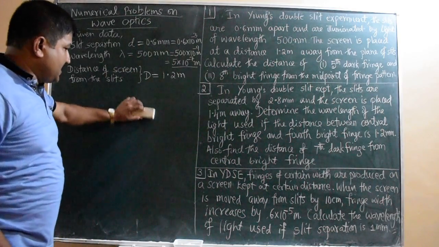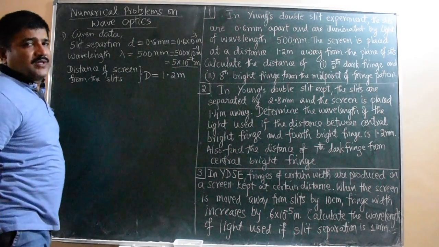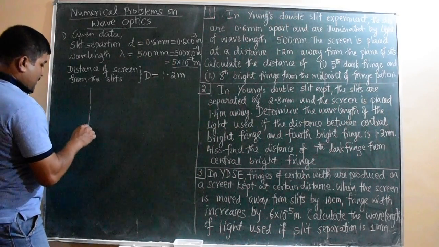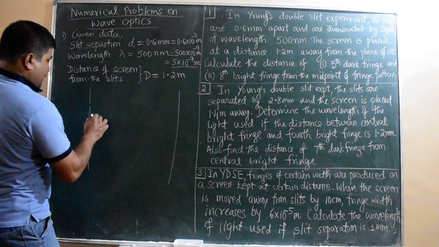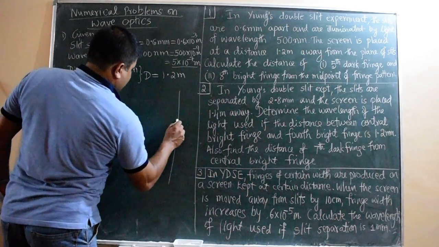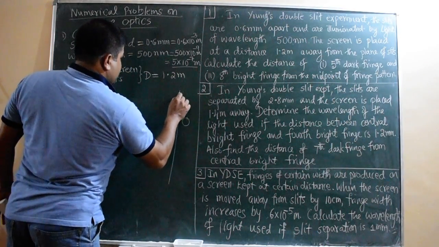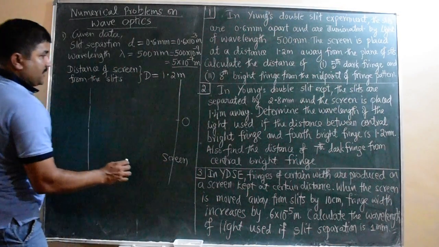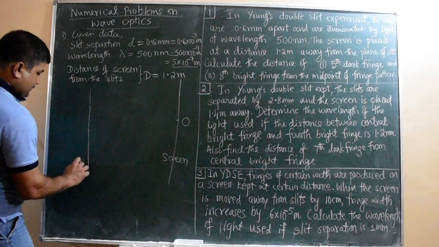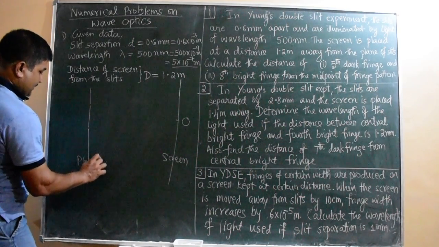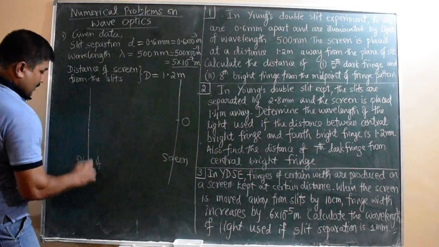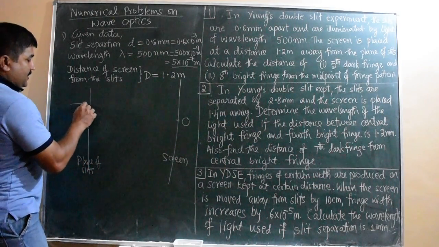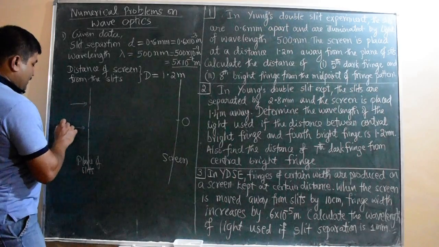So let us see the experimental setup. Actually it is not required for solving the problem, but let me tell you. This is the plane of slits and this is the screen, and the midpoint of the screen will come here. This is the center of the fringe pattern. Light is illuminated on the slits, of wavelength 500 nanometer.